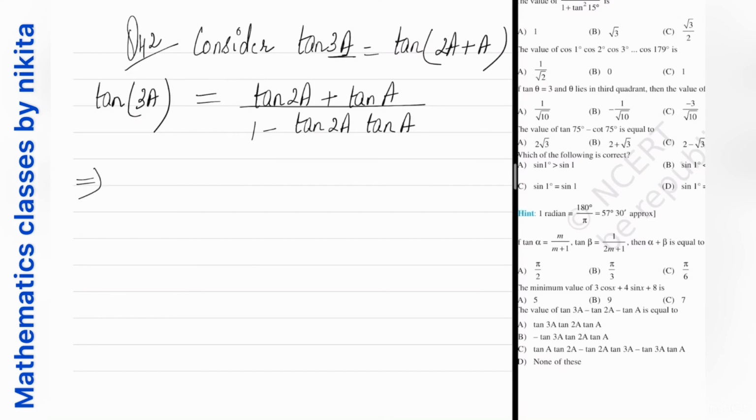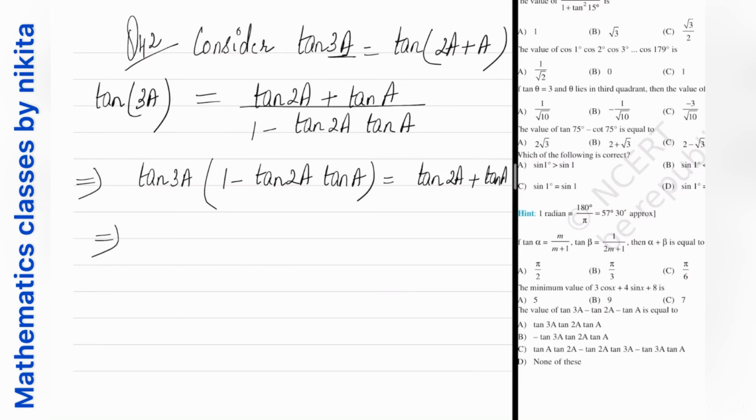So you will get tan of 3a into the bracket 1 minus tan of 2a into tan of a is equal to tan of 2a plus tan a, and this implies that tan of 3a minus tan of 3a into tan of 2a into tan of a is equal to tan of 2a plus tan of a.